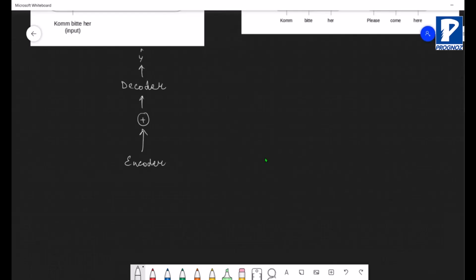This is a simplified version of your attention model. We have seen these things in the previous class. So look at the positioning: where is the decoder, where is the encoder? Decoder is here, encoder is here. This is the case with the attention model.